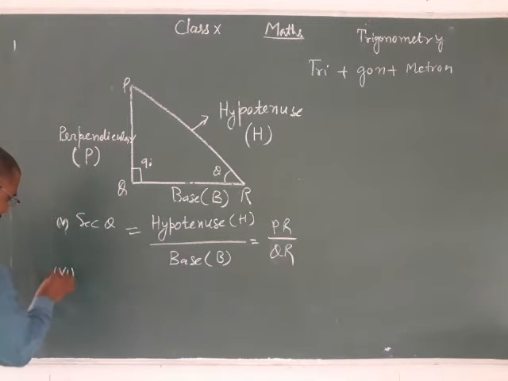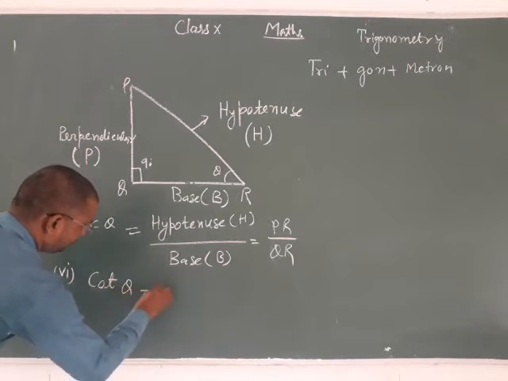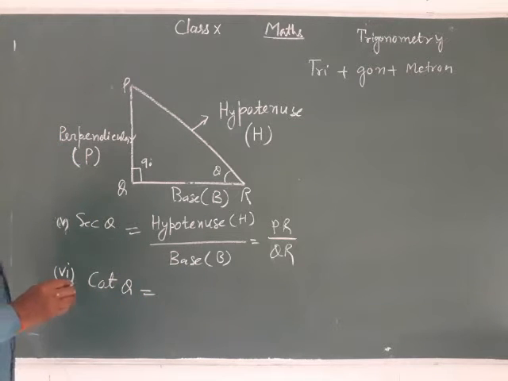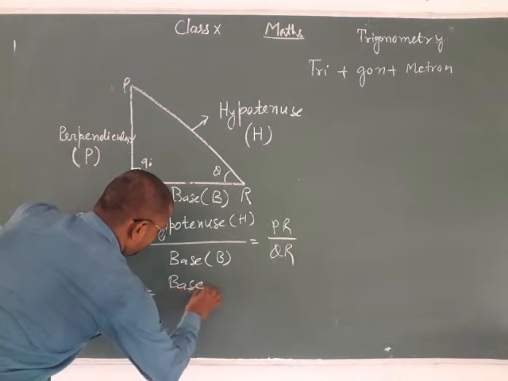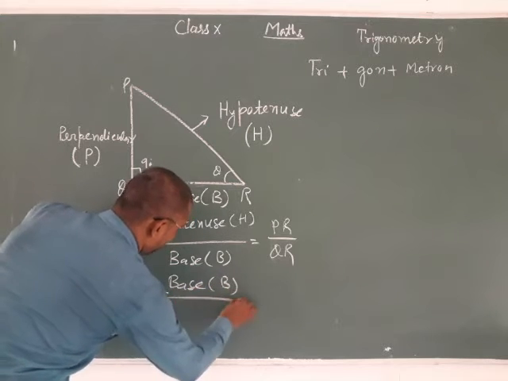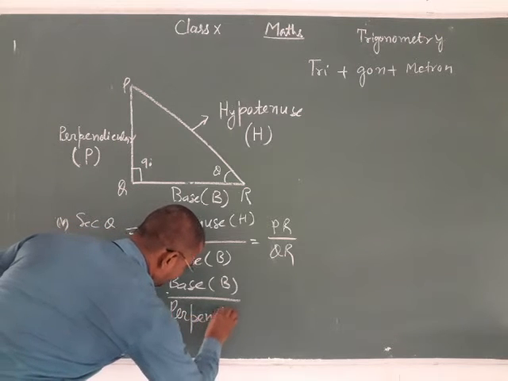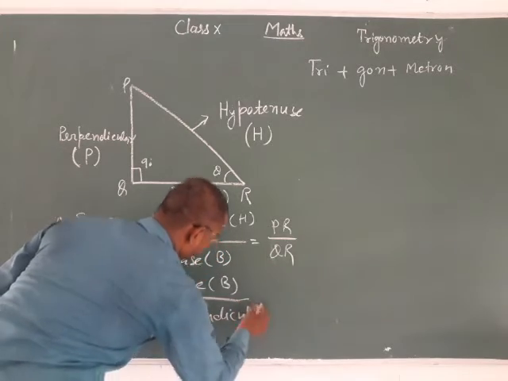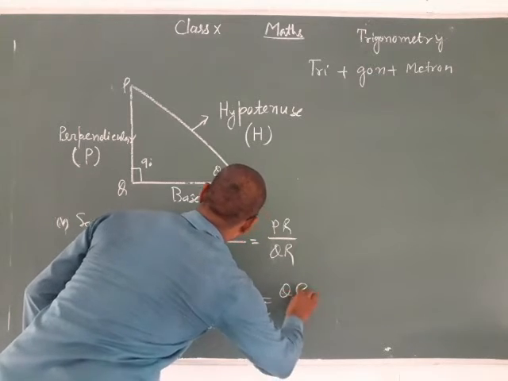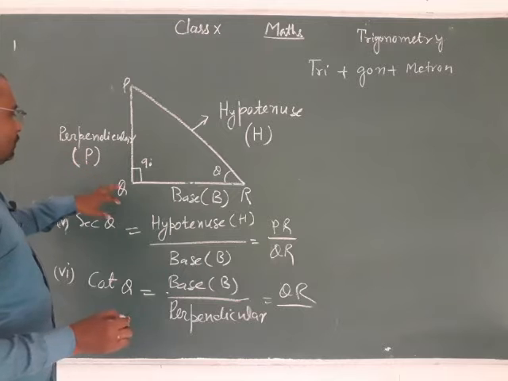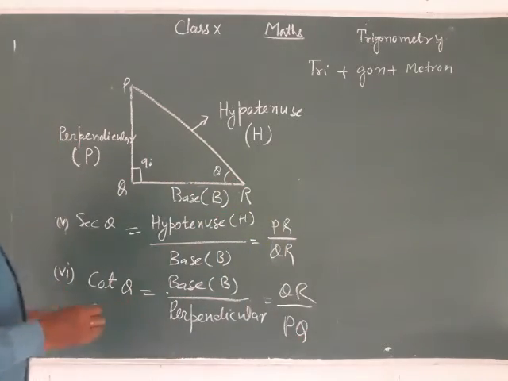And sixth, cot theta is equal to base B upon perpendicular, which is QR upon PQ.